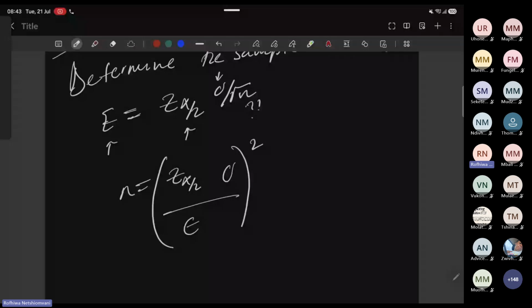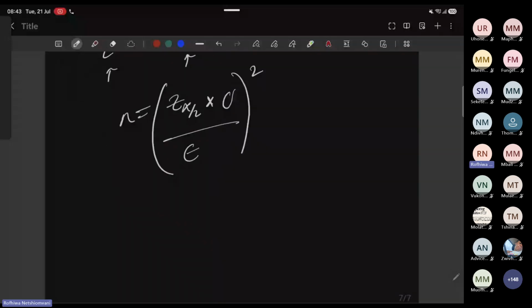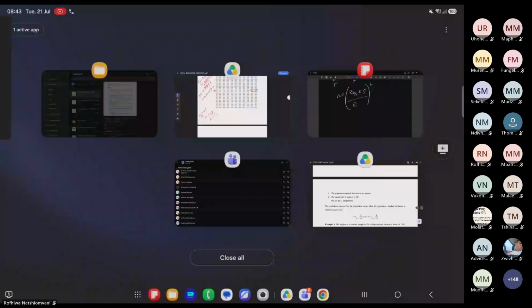So if we read this example, check example number 1. We know the CI is 95%.